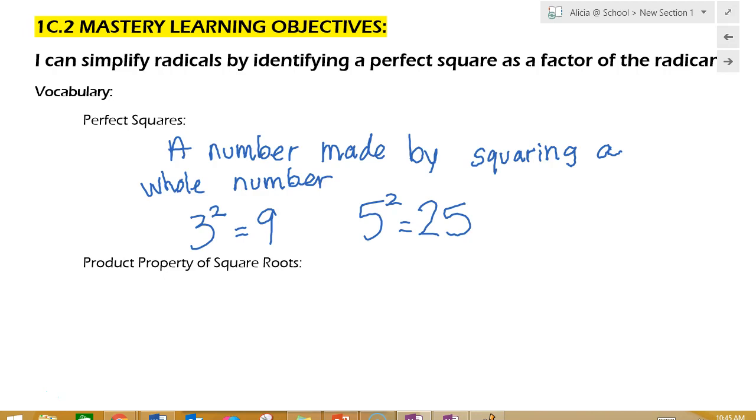The next vocab word is the product property of square roots. This one is a kind of long definition, but I'll give you an example right below it.